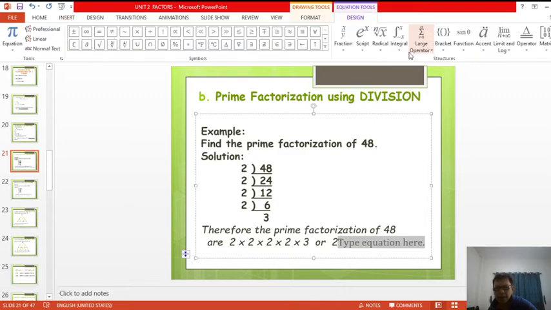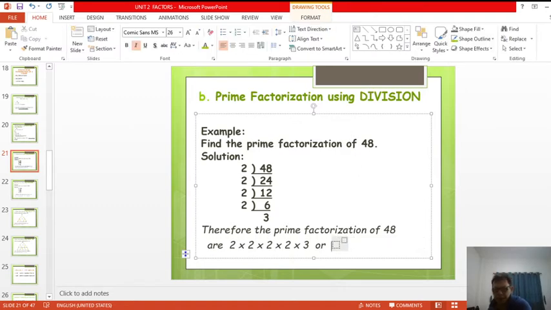So it will be 2 to the power, how many? 1, 2, 3, 4, 4. And then don't forget times 3. There's only one 3 there, so that is your final answer.